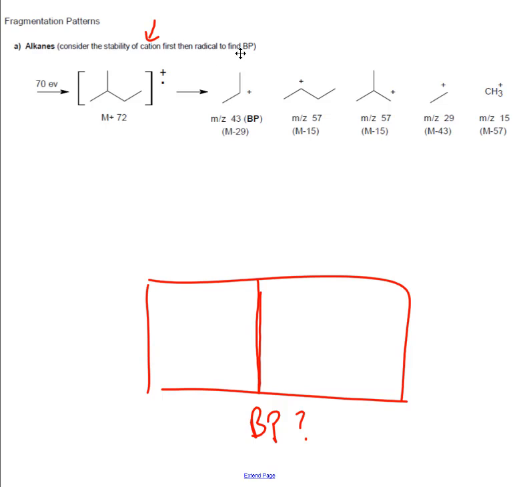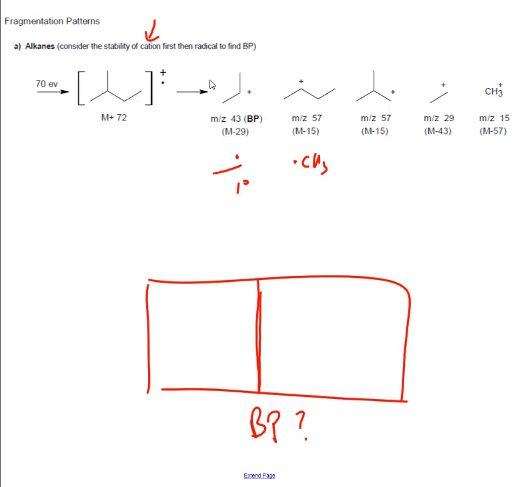Now, this is when the radical comes in. So when you have more than one way to make the same degree cation, then you look at the radical for where it is most stable. So if this right here is the cation and I break the ethyl off, then there's an ethyl radical. And that's a primary radical, right? That's more stable than if I break up here and get a methyl radical.